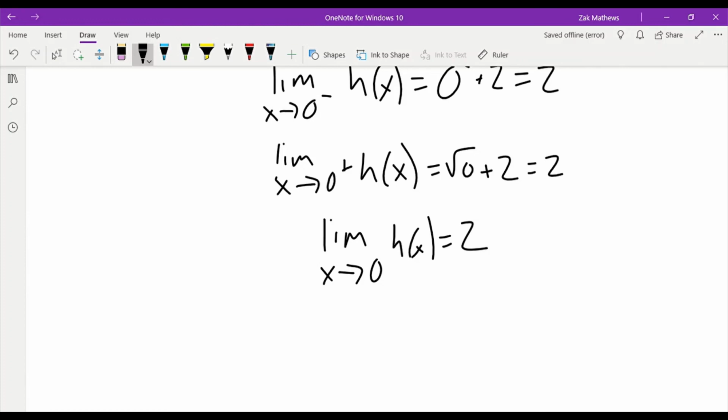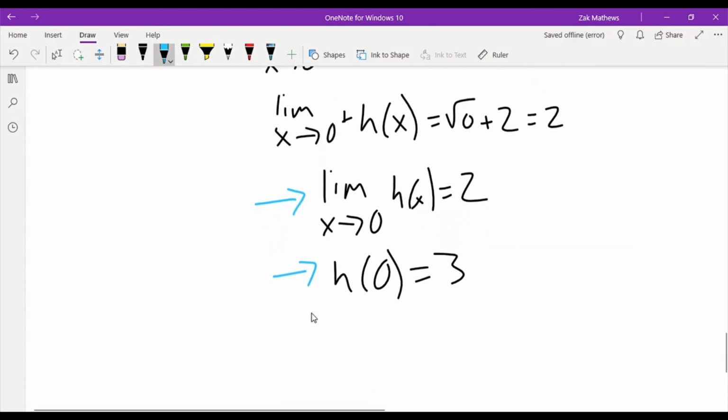But remember, we have to test that third criteria. Are these two things the same? And we found the limit to be equal to 2, the function value to be equal to 3. And so then we can state with certainty the function h of x is not continuous at 0 because the limit value does not equal the function value.